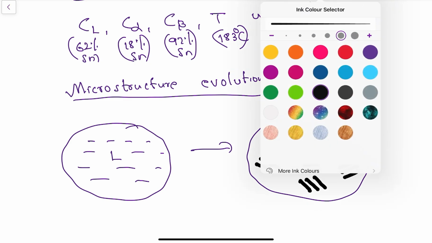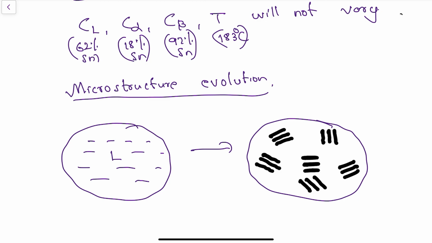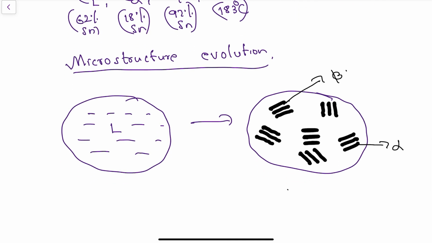This is the alpha, and this white region is the beta phase. So you will get a kind of lamellar structure during the eutectic reaction.